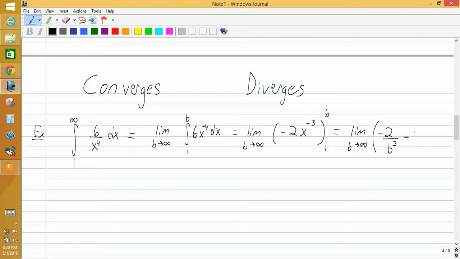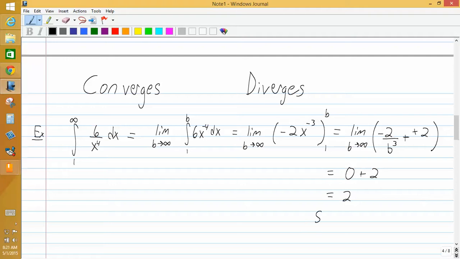So that's minus negative 2, and minus the negative, you can make that a plus. So now I just have this limit to do. Let b approach infinity. Negative 2 divided by infinity is 0, plus 2. So my answer is 2.